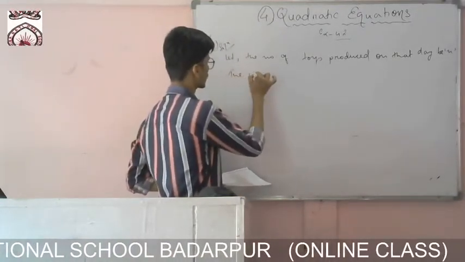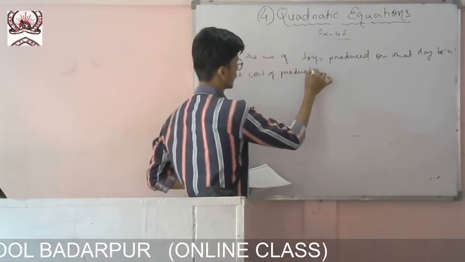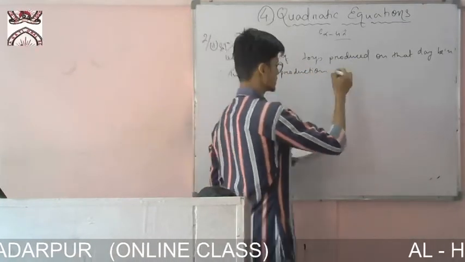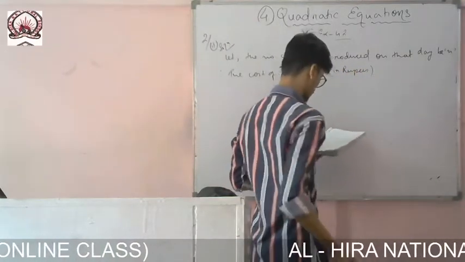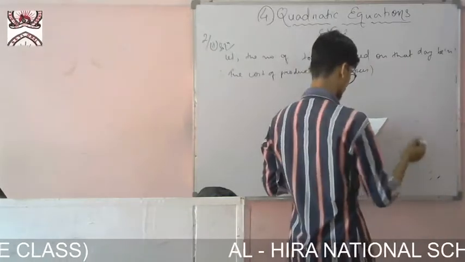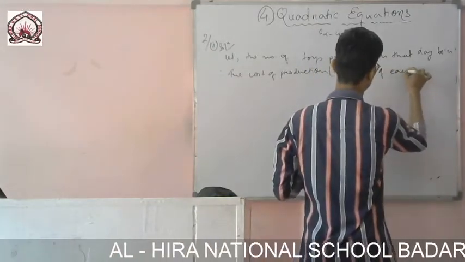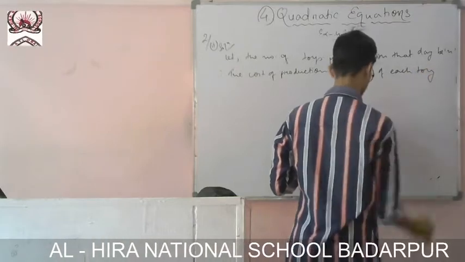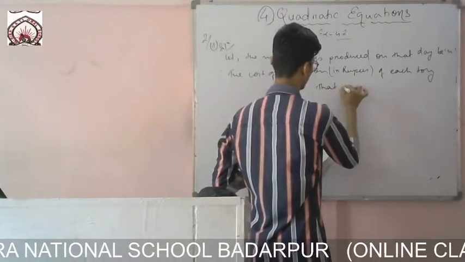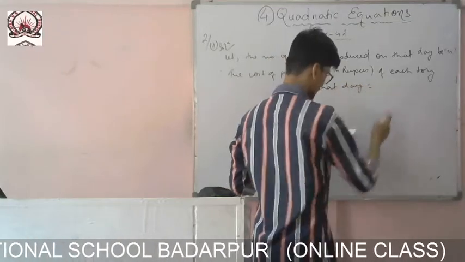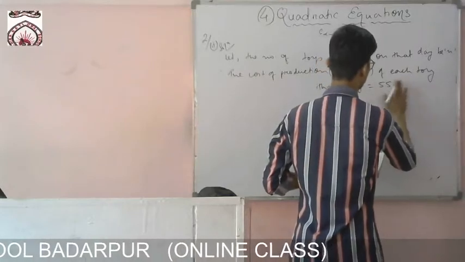Therefore the cost of production in rupees of each toy on that day is equal to 55 minus x.